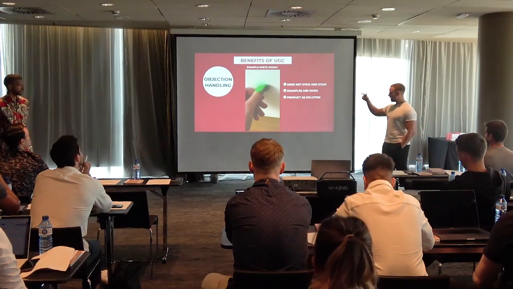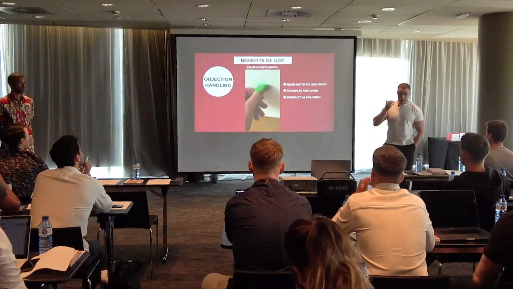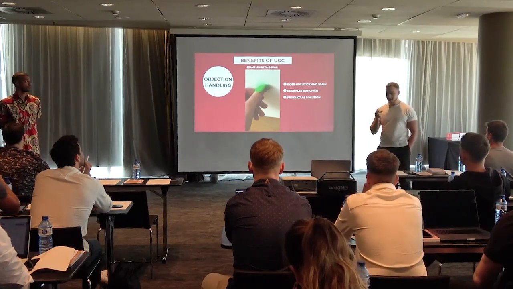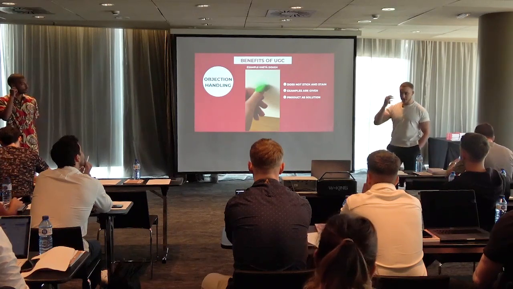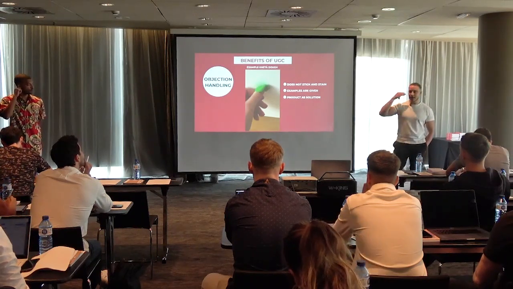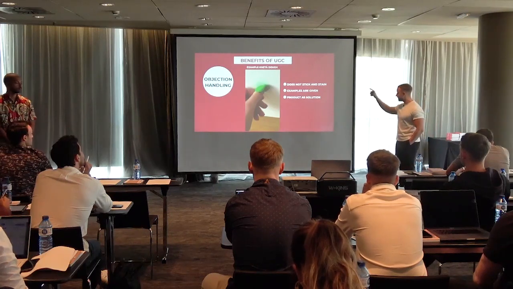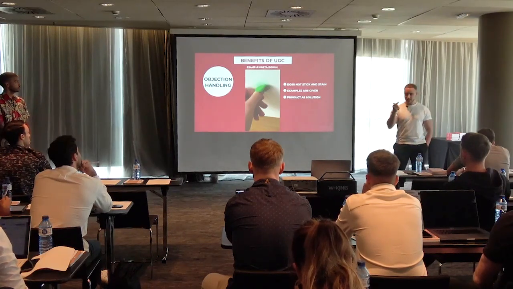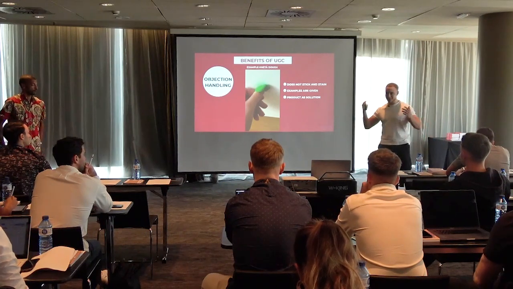Okay, so as you can see, the aspect objection handling. It's also a very great benefit of UGC because you are able to show different scenes where you do something that people might think in their head. The first thing is, for example, that the dough does not stick and stain. It's a dough which everyone knows from their childhood.